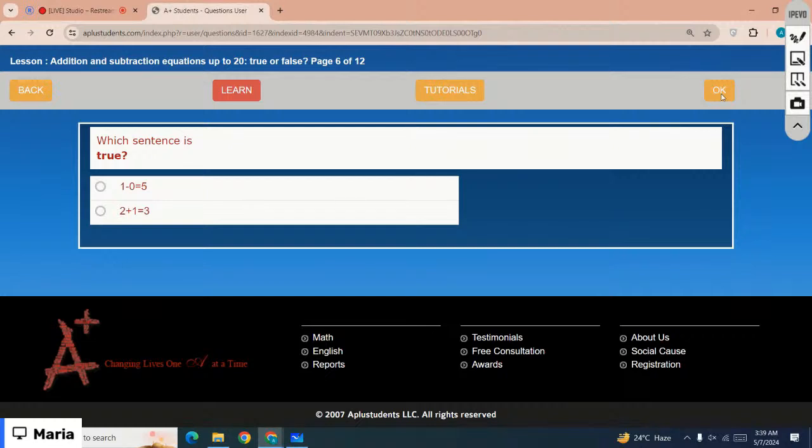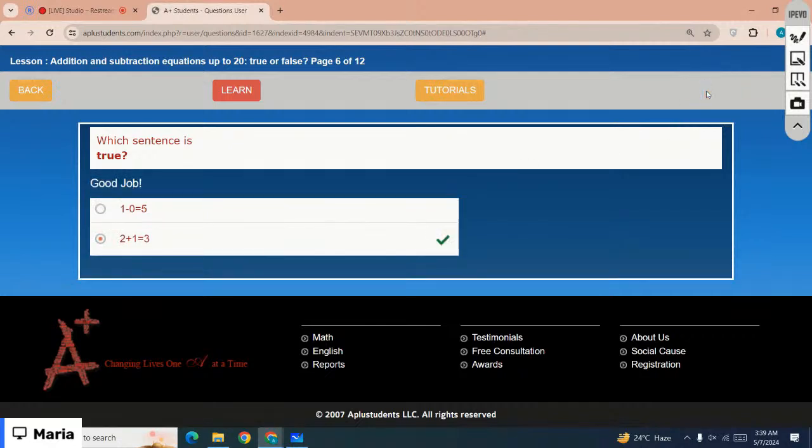Yes, that's the second one. 2 plus 1 equals 3 is the correct option.